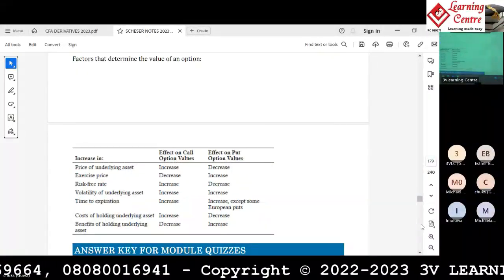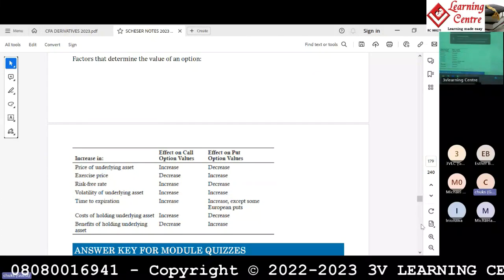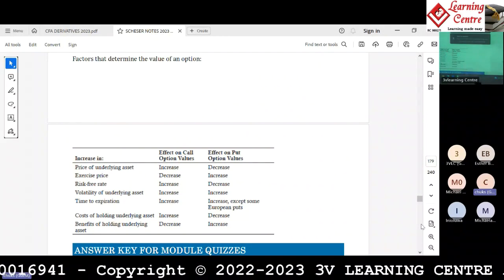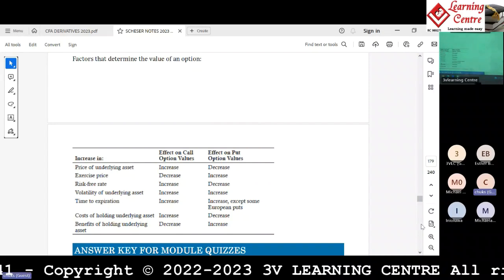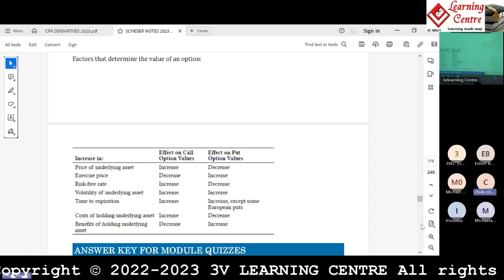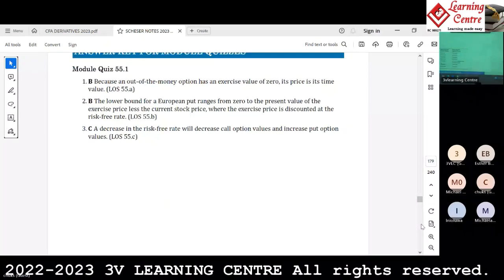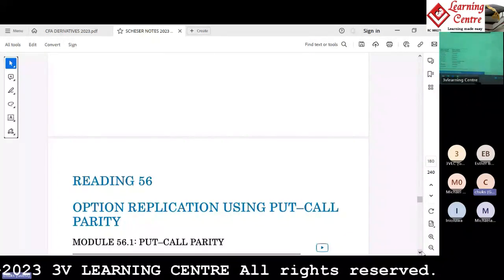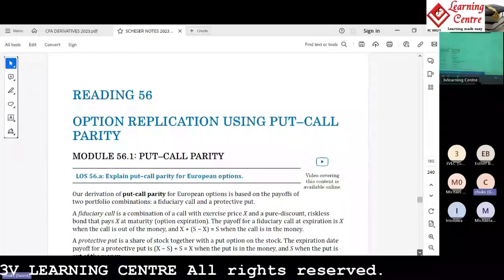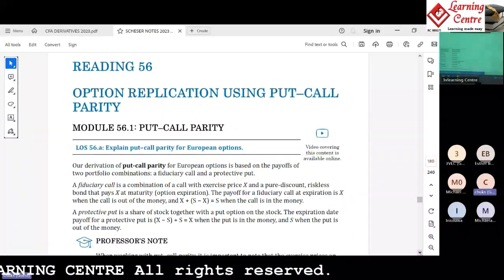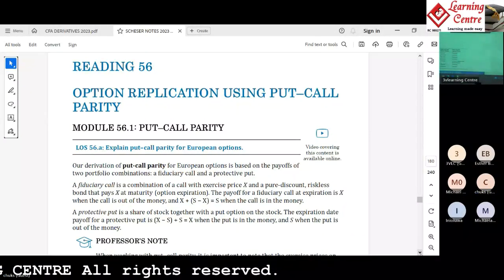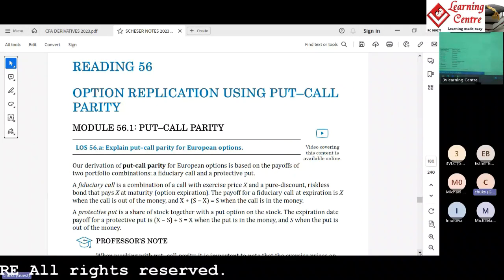You can take time to read this table that explains the effects on a call. When the price of an asset increases, what happens to the call? What happens to the put? We've spoken about that before. So I move to the put-call parity.